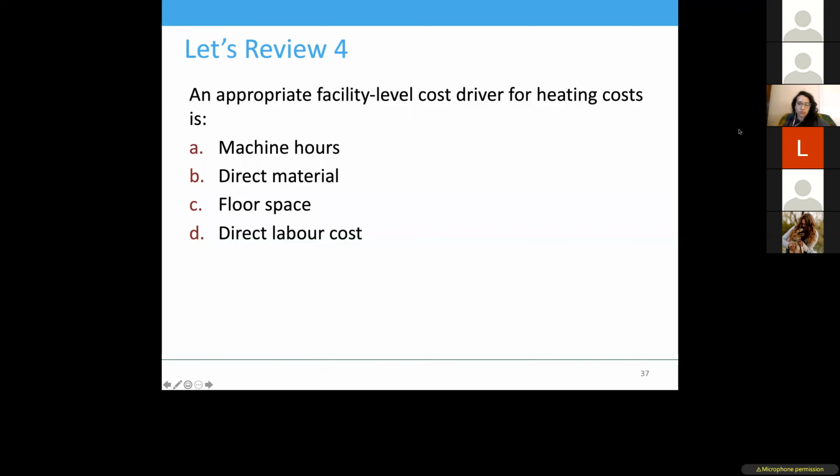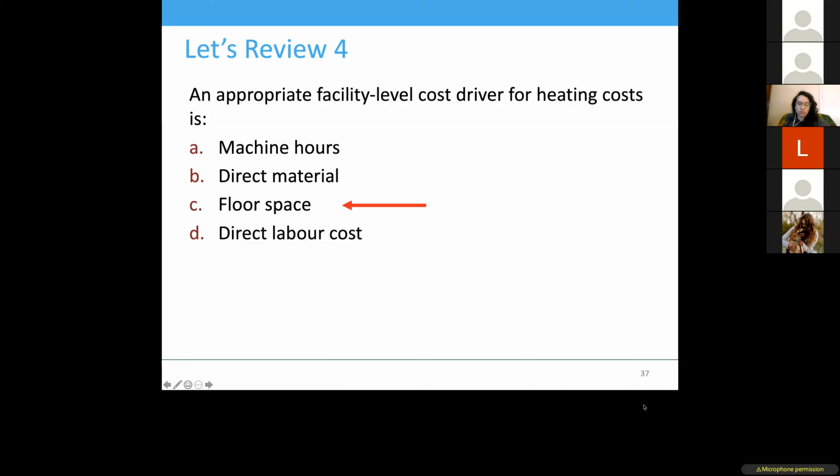C. Ruben? C. Mario? C as well, floor space. Fatima? I think it's floor space as well. Xudong? C, floor space. James? C, floor space. Okay, so I have to agree with you. It's C.